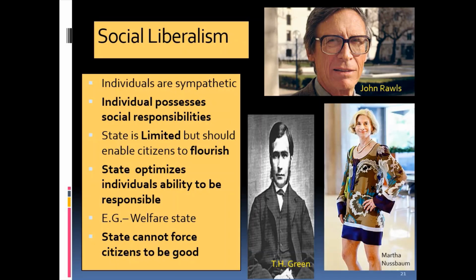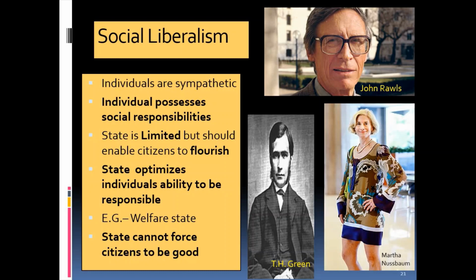Now, one of the iterations of liberalism that I would like to draw your attention to. So what I've been trying to explain to you is, I suppose, what's come to be known as classic liberalism, the ideas of Locke and Mill and Adam Smith.